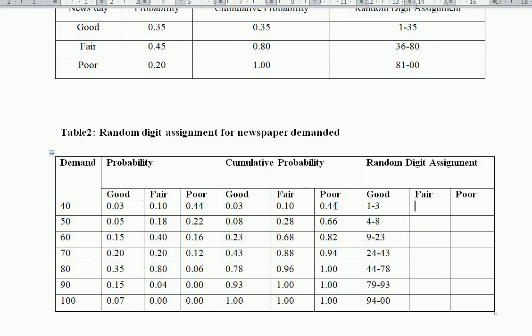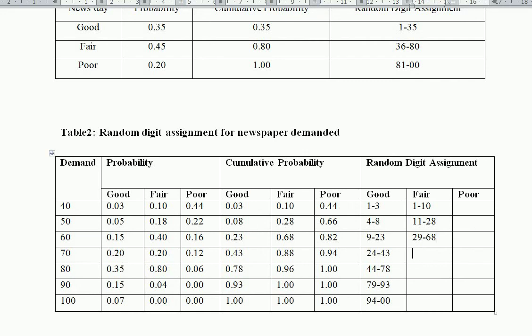Again, for the fair day, we have from 1 to 10, taking it as two digits, that is 1 to 10. Again, the next value we have is 28, so 11 to 28. Again, the next value is 68, so 29 to 68.